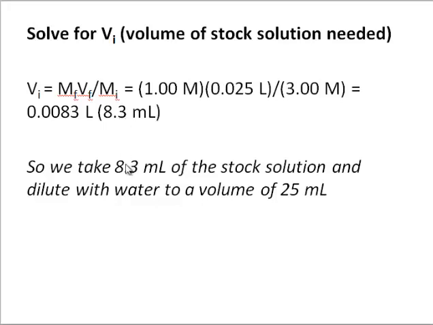So take 8.3 milliliters of the stock solution and dilute with water to a volume of 25 milliliters. Note that I took the volume of 25 milliliters and converted it to 0.025 liters for this problem.